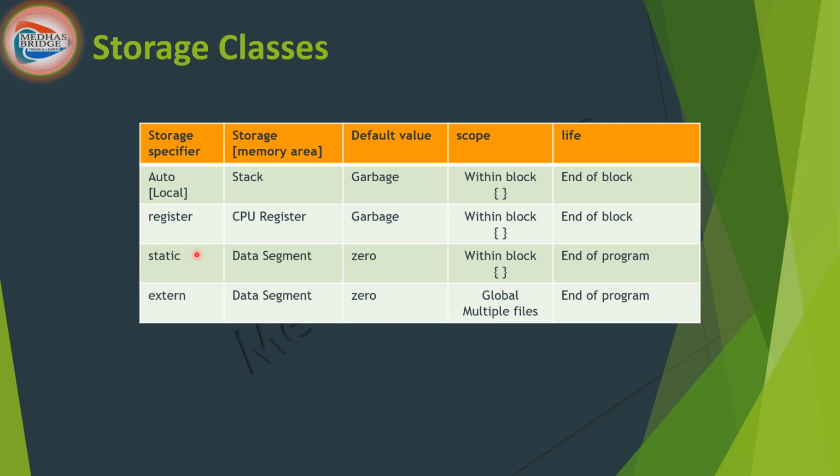These two have the complete program life cycle. Only at the end of the program will they die. Until then, they will exist. You got this? So all these storage specifiers have their own context of properties. You just understand the concept and then try to use them in your program. So storage classes are very, very important.